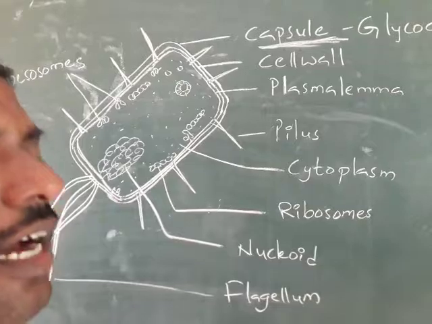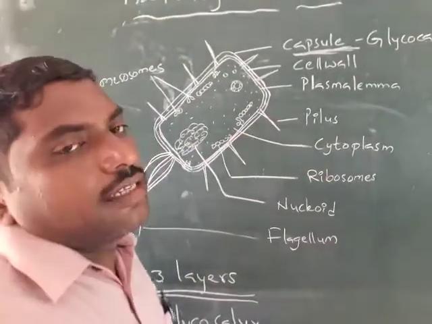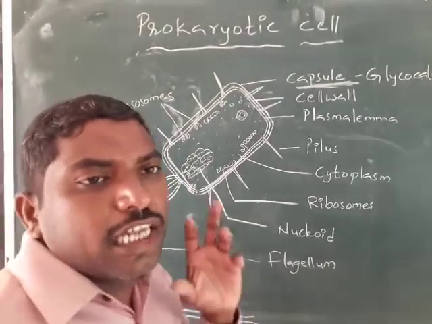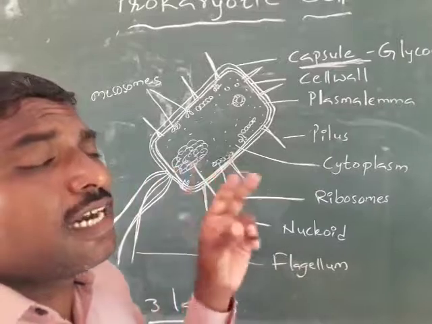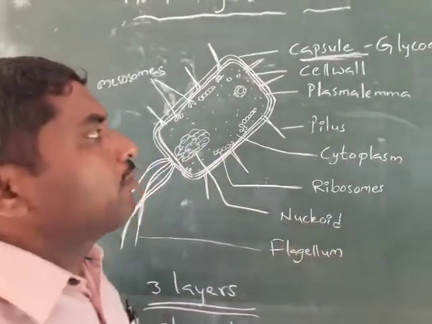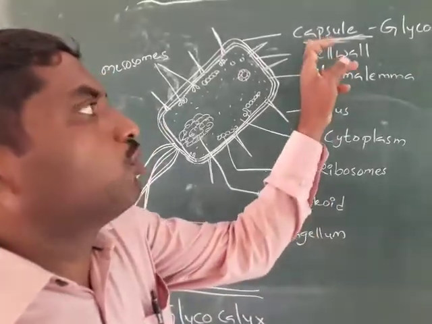But in some bacteria this outer layer, the glycocalyx, is arranged in a loose sheath, which is called a slime layer. In others it is arranged in the tough condition, called a capsule.